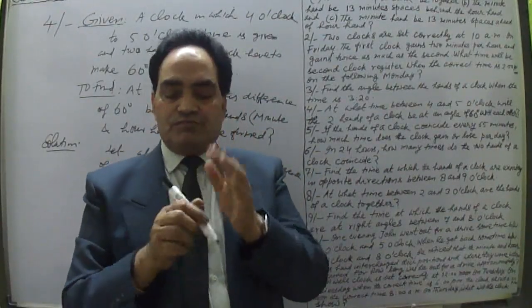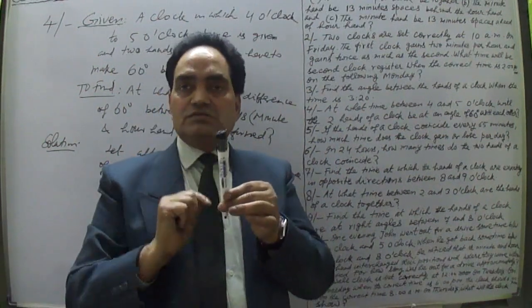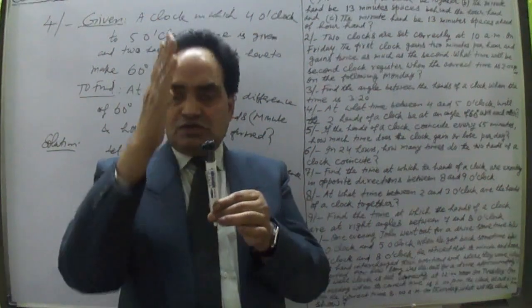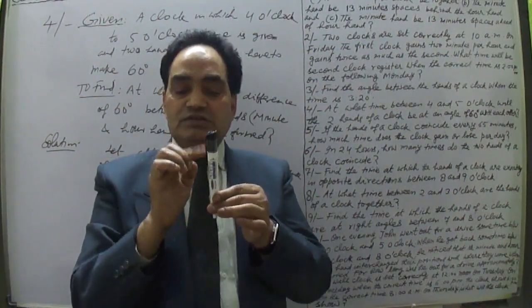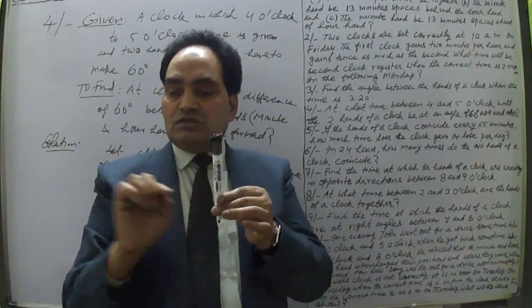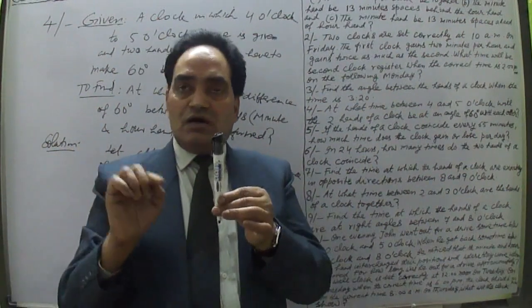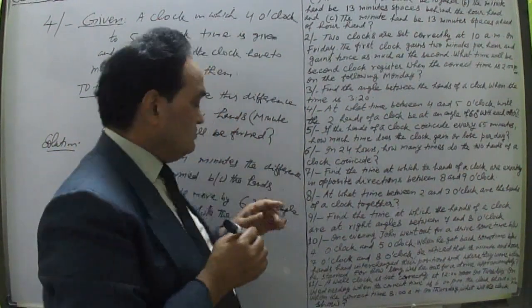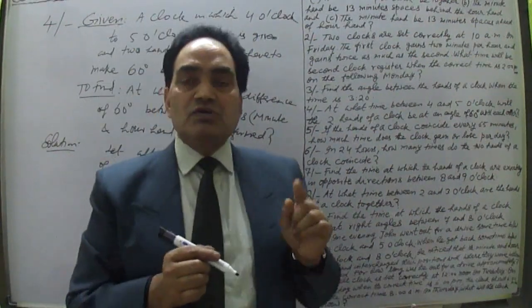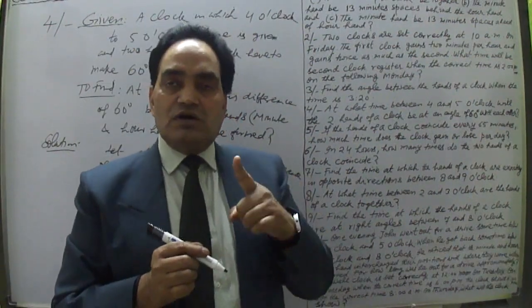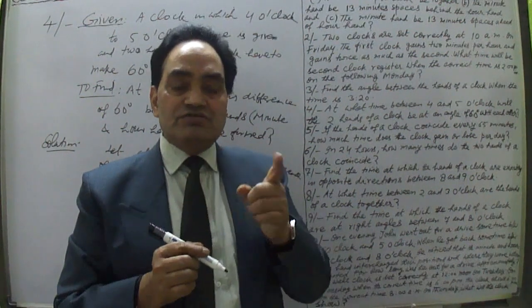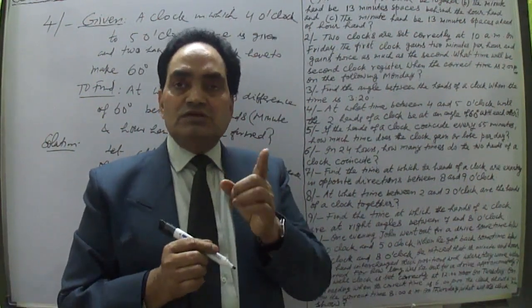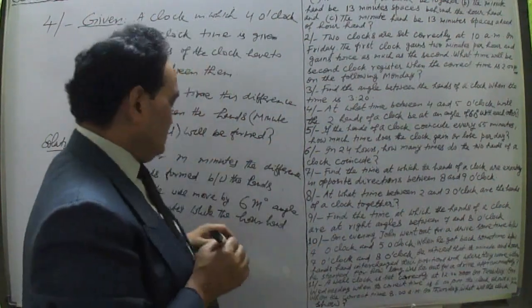The vertical line means the 12 and 6 marks of the clock are joined by a vertical line. With this vertical line, the hour hand at 4 will make an angle. In 1 hour the hour hand makes a 30-degree angle. So in 4 hours it will make 30 into 4, that means 120 degrees.